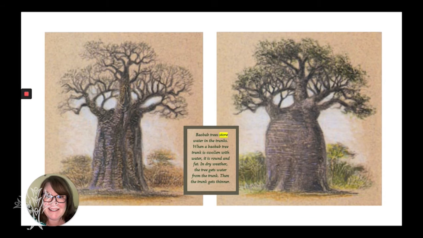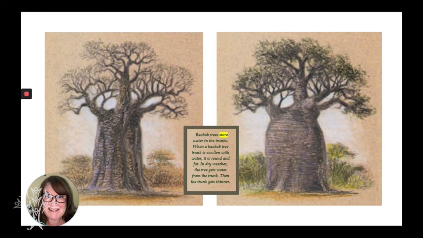Here we have two illustrations of a baobab tree. Baobab trees store water in the trunks. When a baobab tree trunk is swollen with water, it is round and fat. In dry weather, the tree gets water from the trunk. Then the tree gets thinner. The illustrator has chosen to draw two pictures to show a comparison.